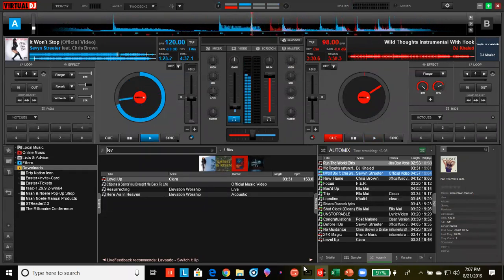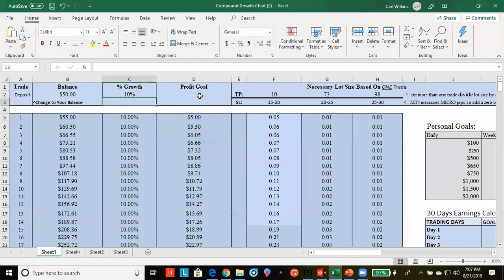All right, so here we are back on the growth chart. We're looking at the first line. Let's say, for instance, you were in a trade. That number one right here represents your first trade. Let's say it was USD JPY. We're wanting to grow a $50 account 10%. Your profit on that first trade, we want it to be $5.